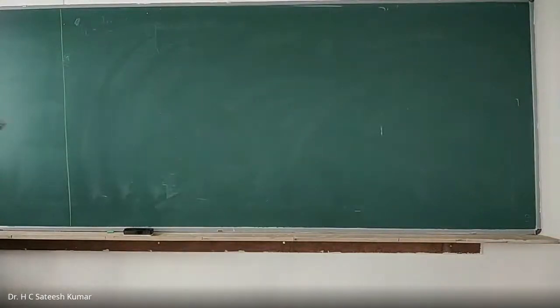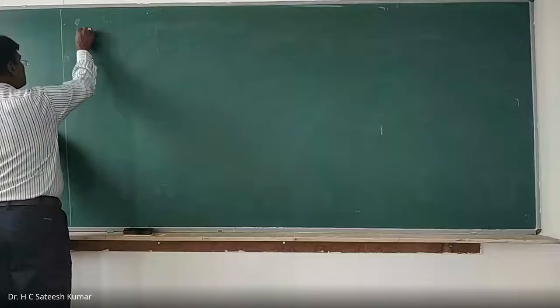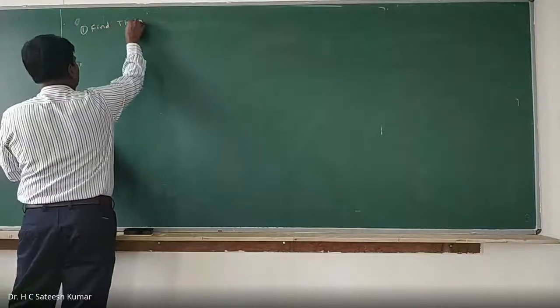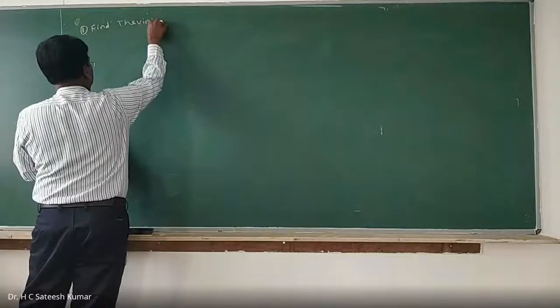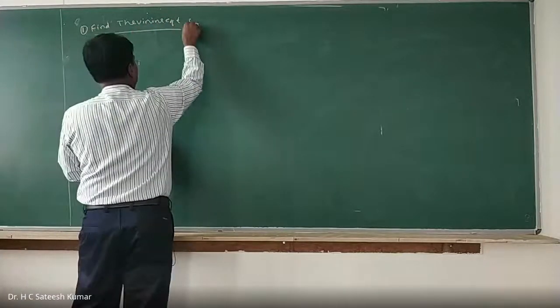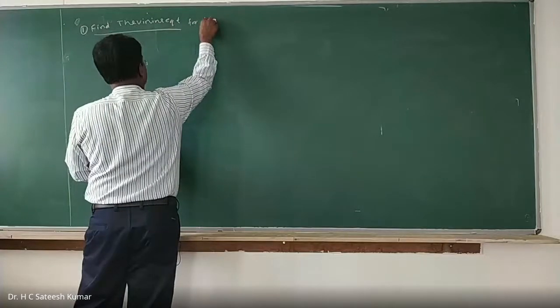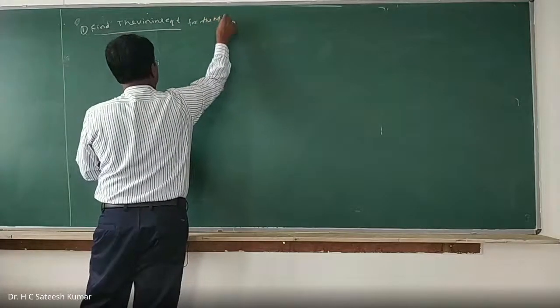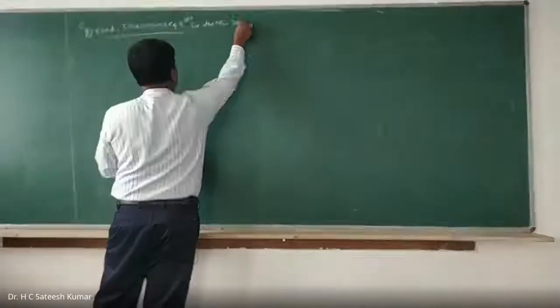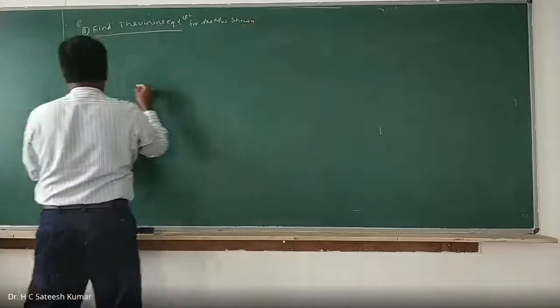So the question is something like this: find Thevenin's equivalent circuit for the network shown. So it is something like this.